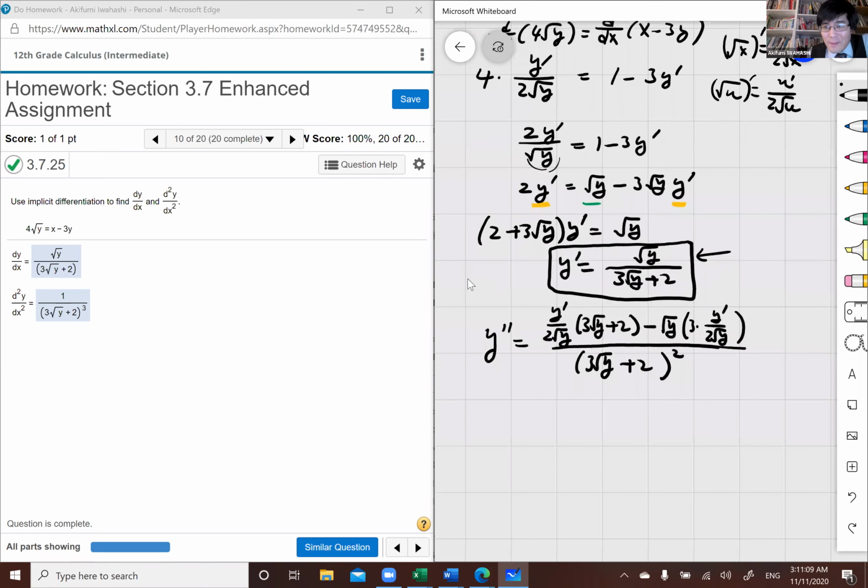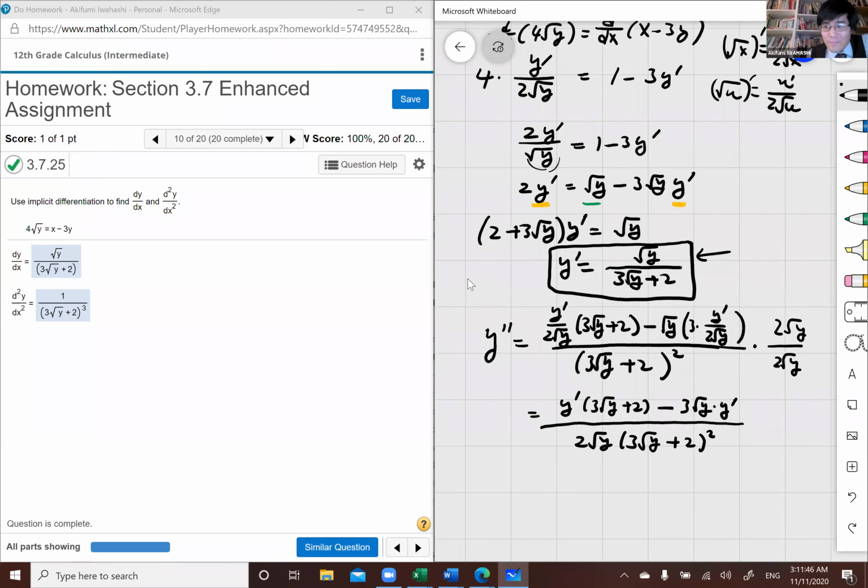Now, let's multiply top and bottom by 2 square root of y to simplify this expression. So you want to get y dash times 3 square root of y plus 2 minus, after you multiply this part, 3 y dash over 2 square root of y, all over 3 square root of y plus 2, squared.